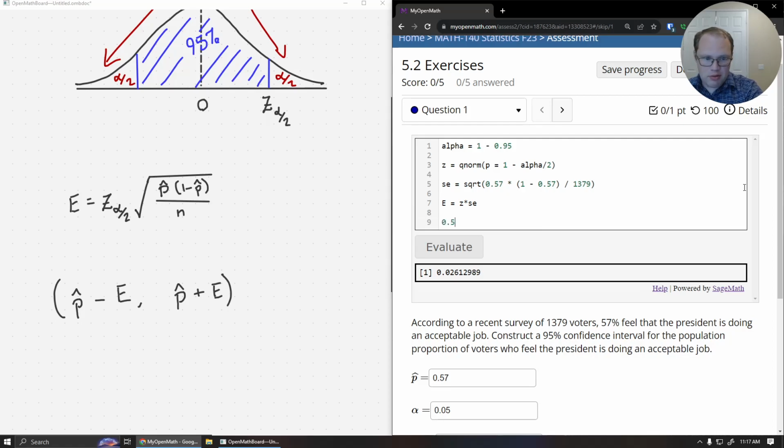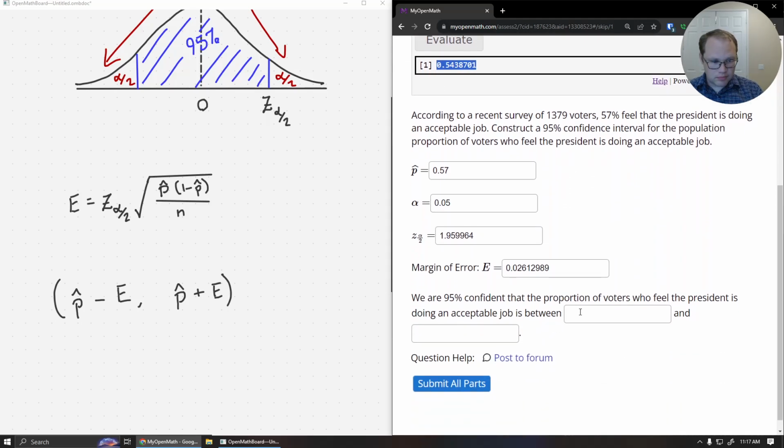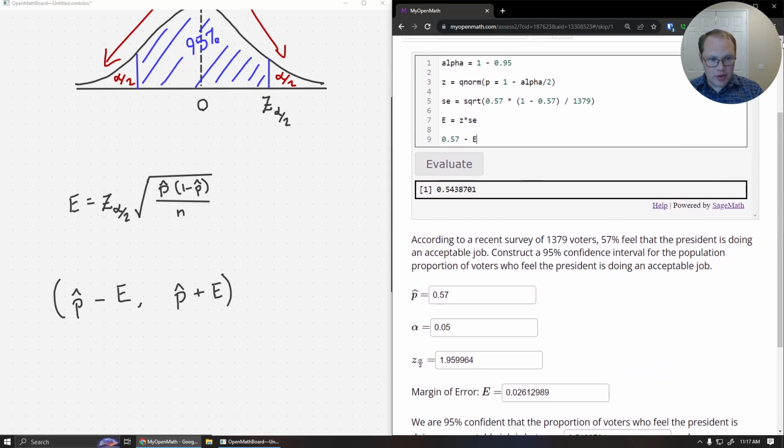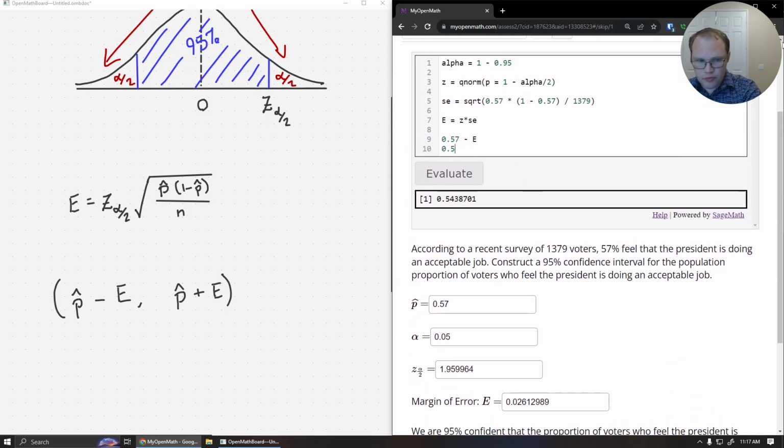So my lower bound is my p hat, my 0.57, minus my margin of error, E. So that's a smaller number. Okay? And then the larger bound, the upper bound for my confidence interval is my point estimate plus my margin of error.